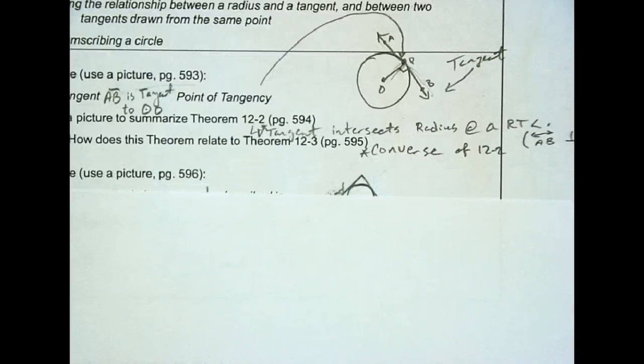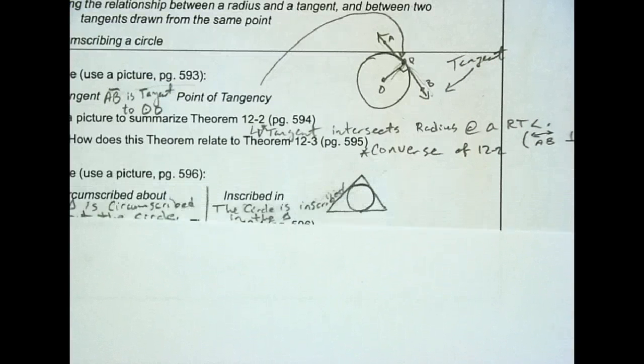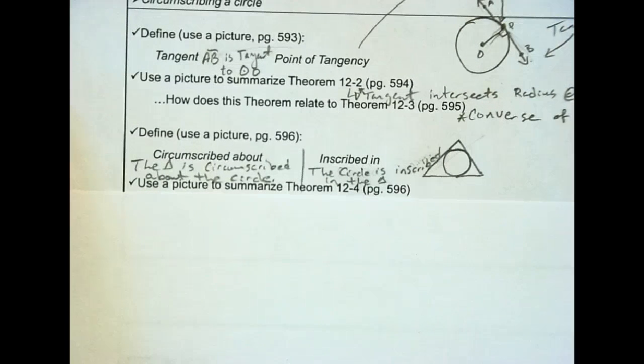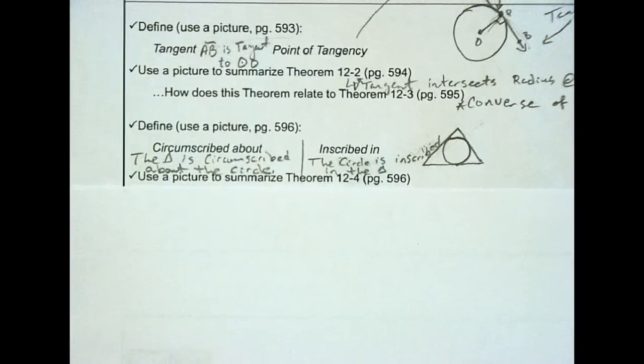So just a bit of background knowledge before we start trying some of these. Define, use a picture, circumscribed about, and inscribed in. If you have a triangle that is circumscribed about the circle, then that means the triangle is inside the circle. It's actually touching all points inside the circle.